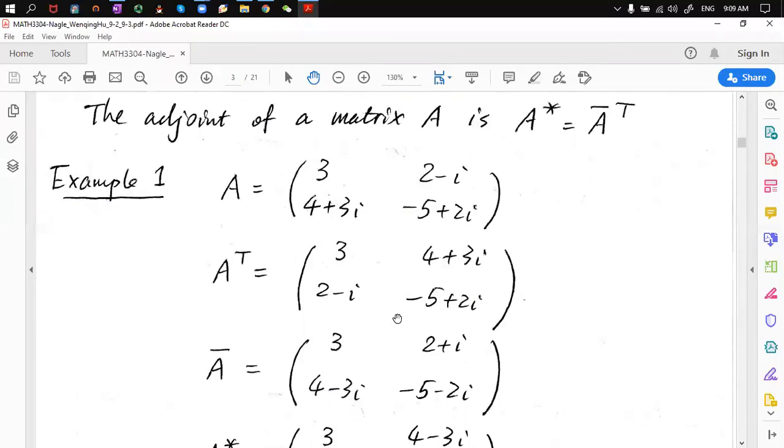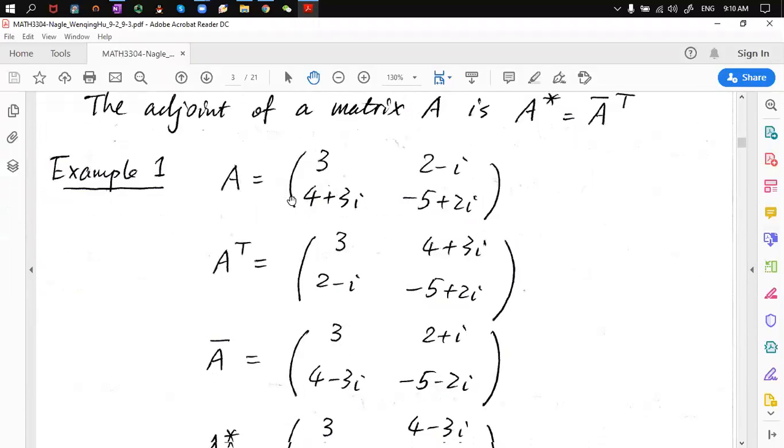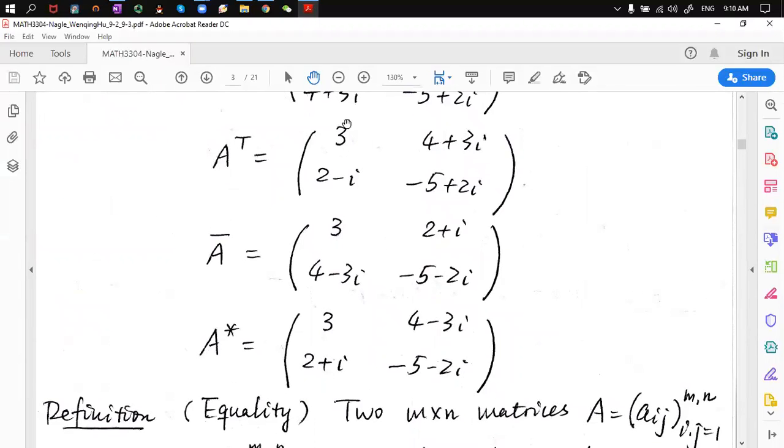And if you want to calculate the conjugacy, you just conjugate each of the complex numbers here. But the adjoint means that you take both the transpose and the conjugacy. So that's the adjoint. Okay, so these are 3 different types of operations. Transpose, conjugacy, and adjoint are 3 very important types of operations.